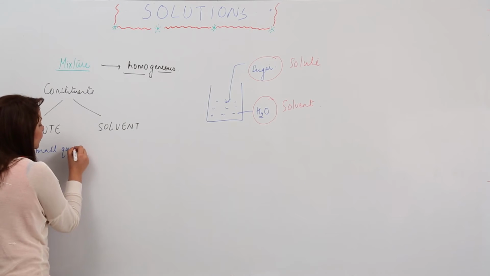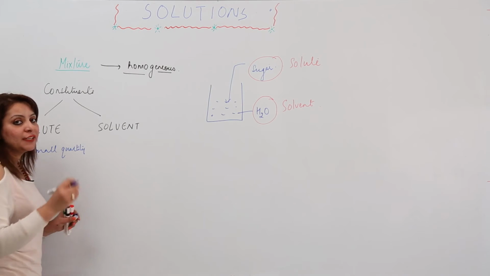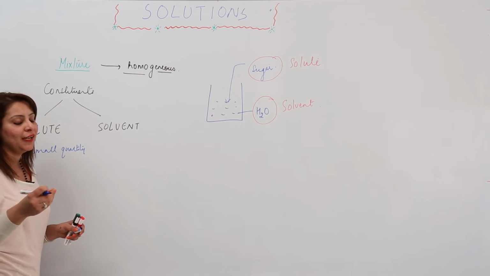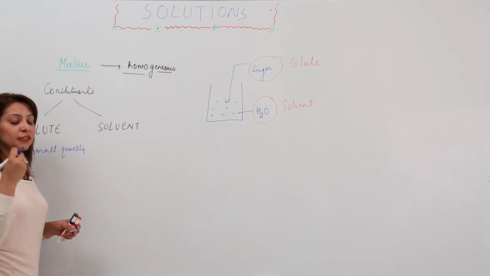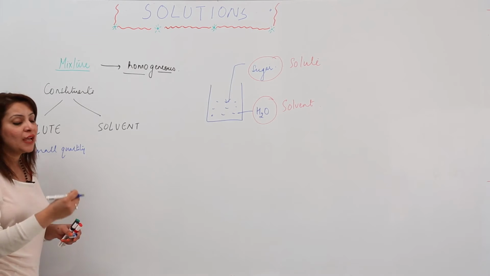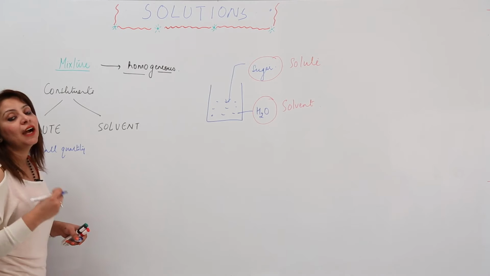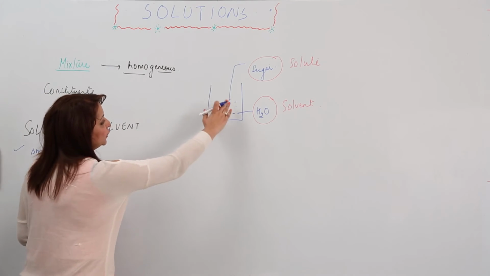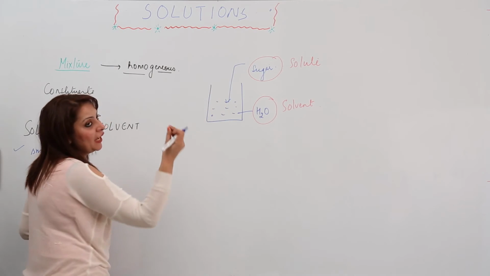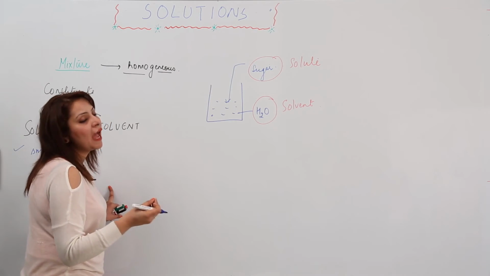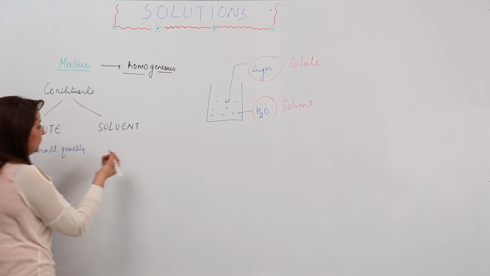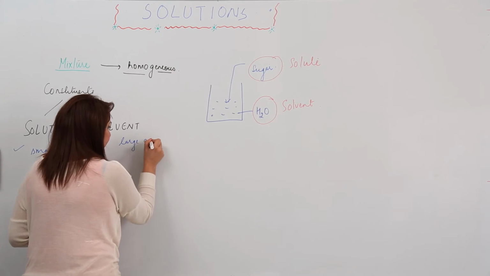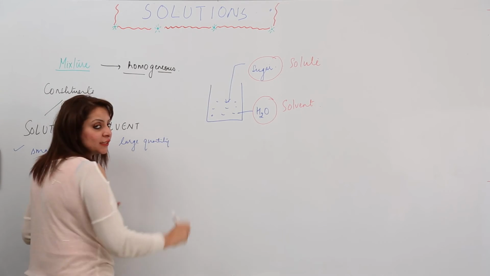That means the component which is present in a small amount as compared to the other one is regarded as solute. In this example we are taking so much volume of water, but the sugar we are adding is a little as compared to it. So sugar acts as a solute, and solvent is that which is present in large quantity. I hope this first difference is clear to you.